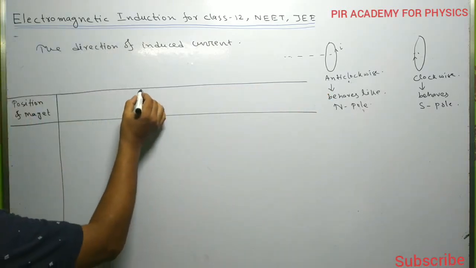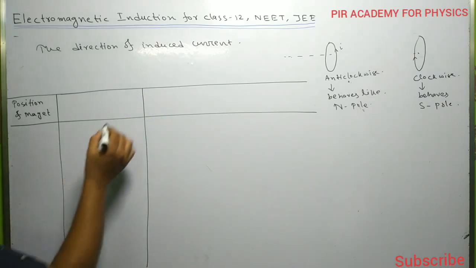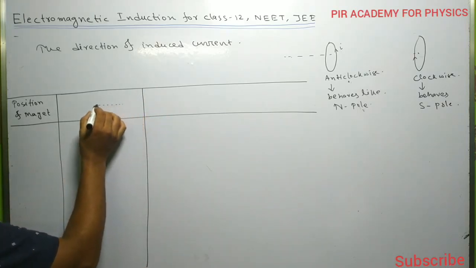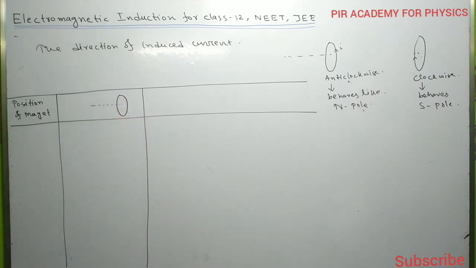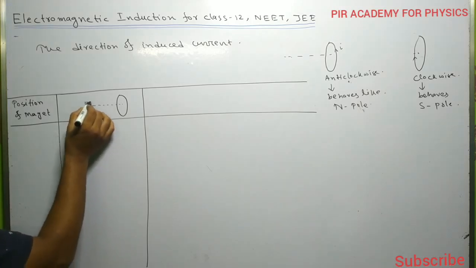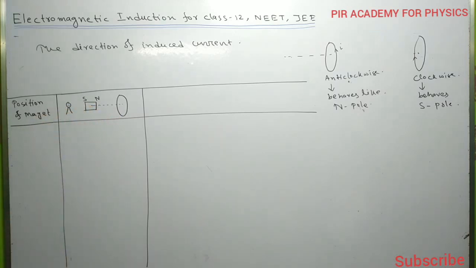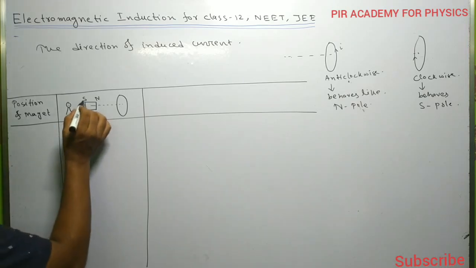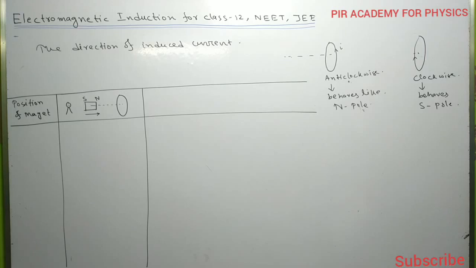Position 1: suppose this is a loop, and here this is a bar magnet. Here is the N pole, here is the south pole, and here is an observer. Suppose this bar magnet moves towards this loop.